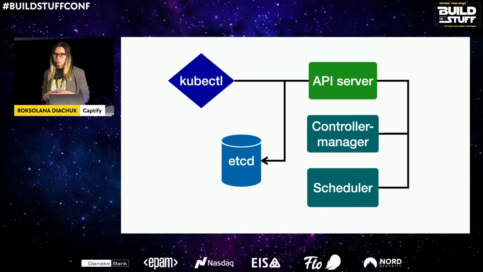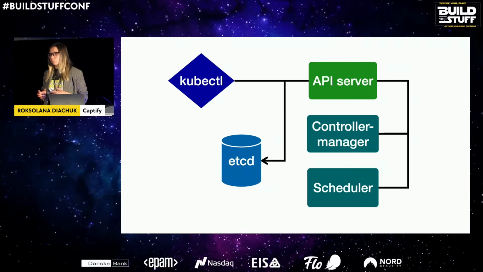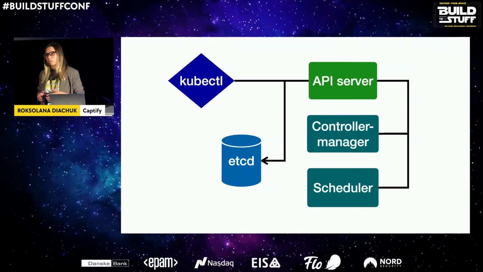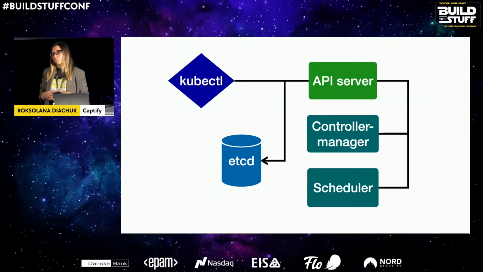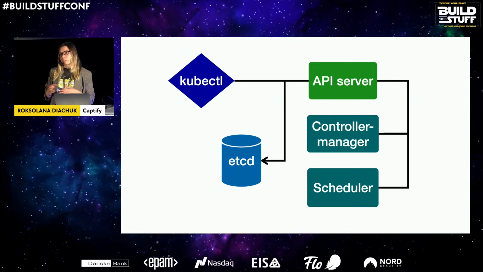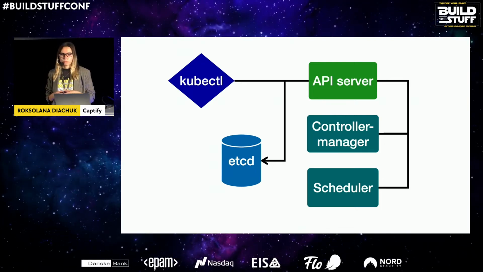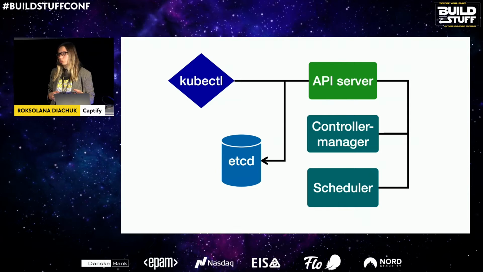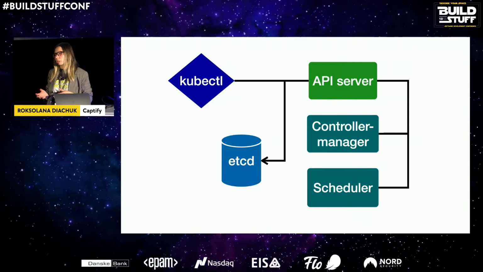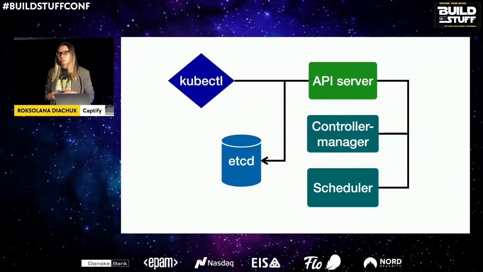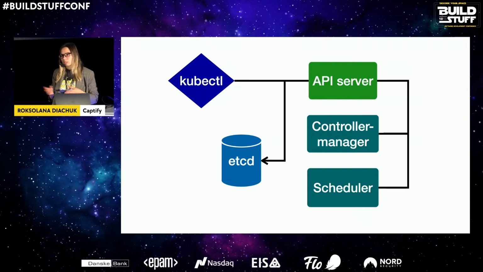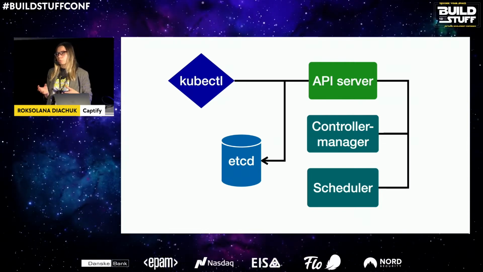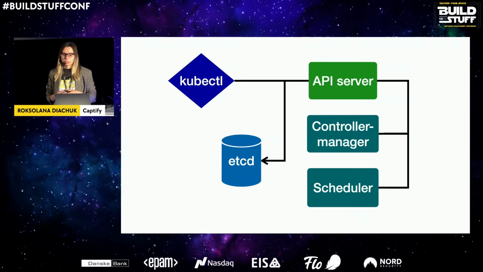So etcd stores everything about the cluster, all of the objects that we created, and usually when we send requests to the API server, it goes to the etcd to check if it's the right one. So, for example, creating a deployment, we need to check that it's the proper name, that we have such objects. Because if you write some kind of typo, like, I don't know, deployment something, we would get an unauthorized request because there are no such objects in Kubernetes.